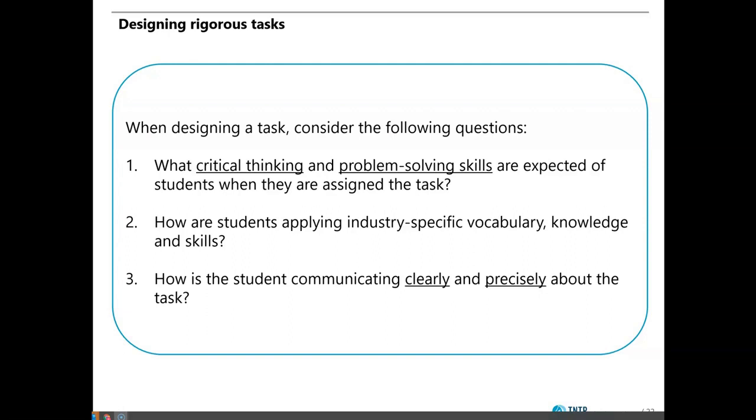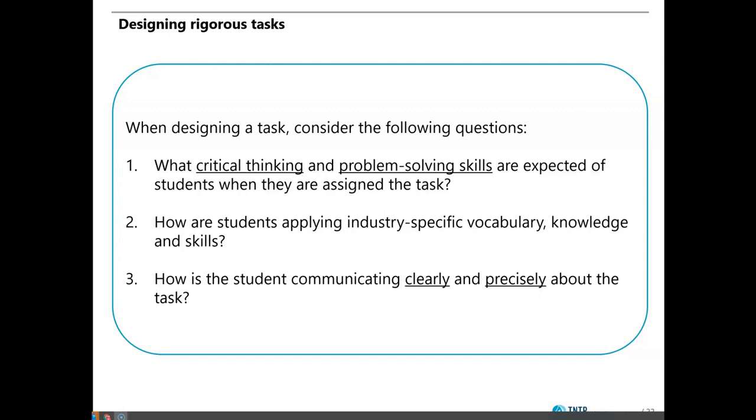But one other type of skill that's often referenced in CTE courses are employability skills. And certainly that applies here as well. These skills are important to plan for, because if you don't plan for having the students actually practice them, you run the risk of having the focus be on the product and not on the process.